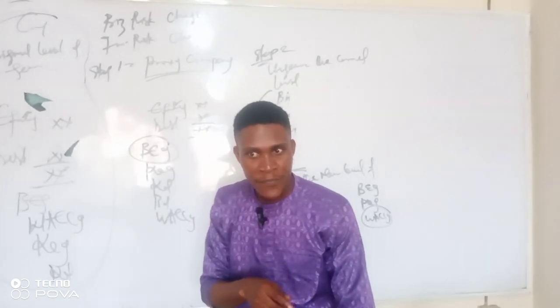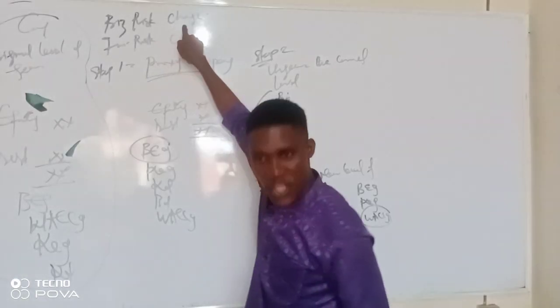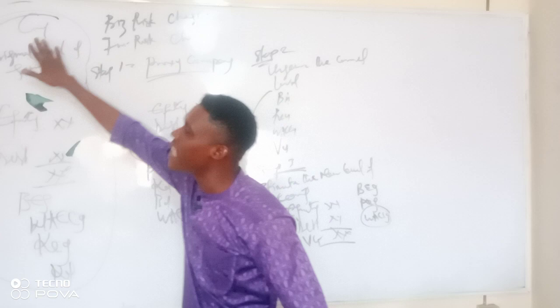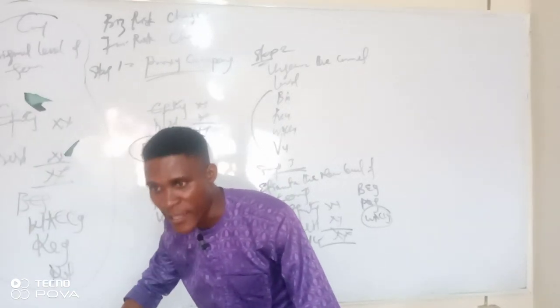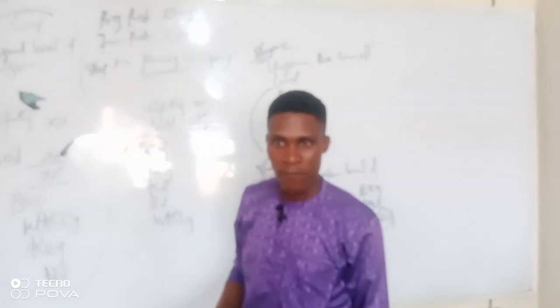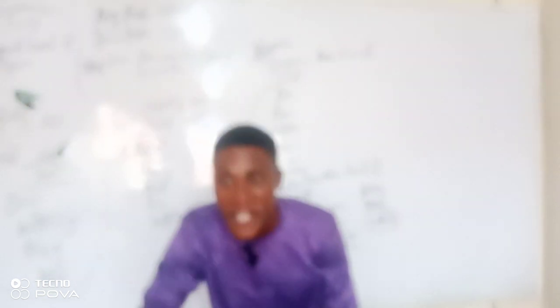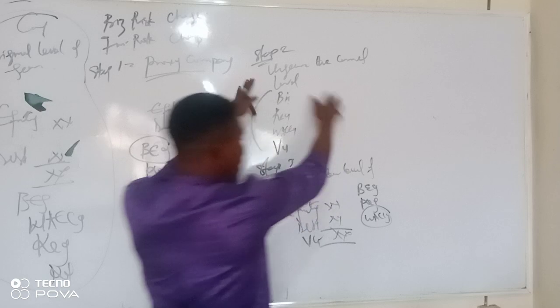If the business risk changes, you don't need the original level of gearing. You don't need it for anything. Or if the business risk remains the same, your starting point is the original level of gearing. So it is from this level that you move to step 2, and then to this level.